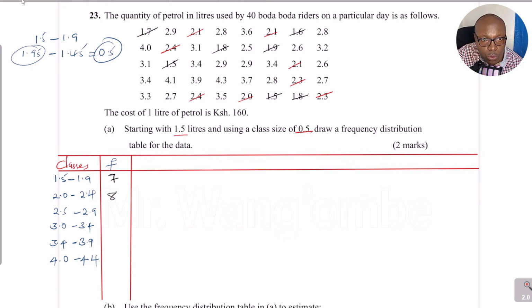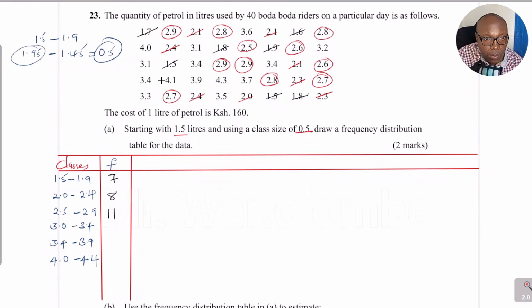We have 1, 2, 3, 4, 5, 6, 7, 8, 9, 10, 11. So that is 11.